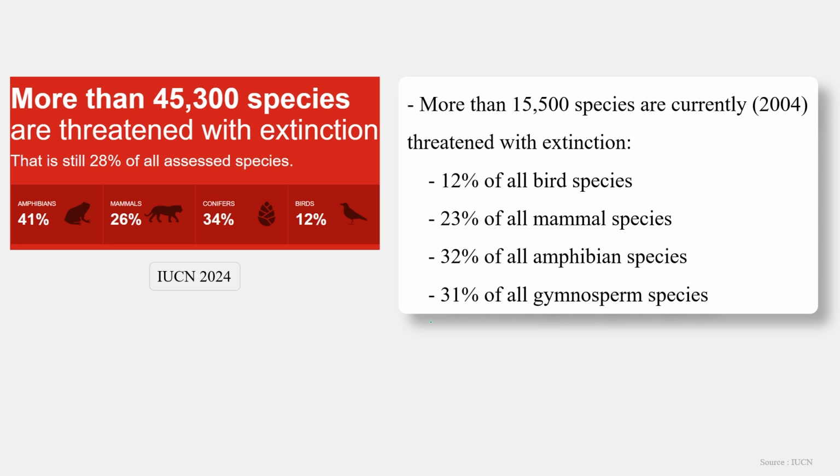And this is the recent data, 2024 data. According to this data, more than 45,300 species are threatened with extinction, in which the maximum number occurs in the amphibian category, that is 41%, followed by mammals 26%, and then birds.